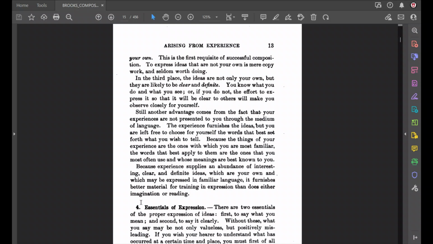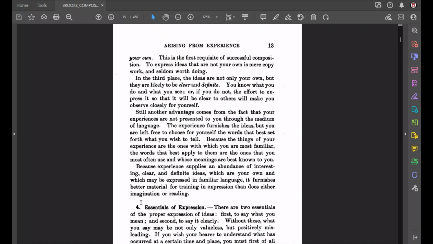Because the things of your experience are the ones with which you are most familiar, the words that best apply to those experiences are the ones that you most often use, your everyday language, and whose meanings are best known to you. You're not trying to use someone else's language. You're using your own words.